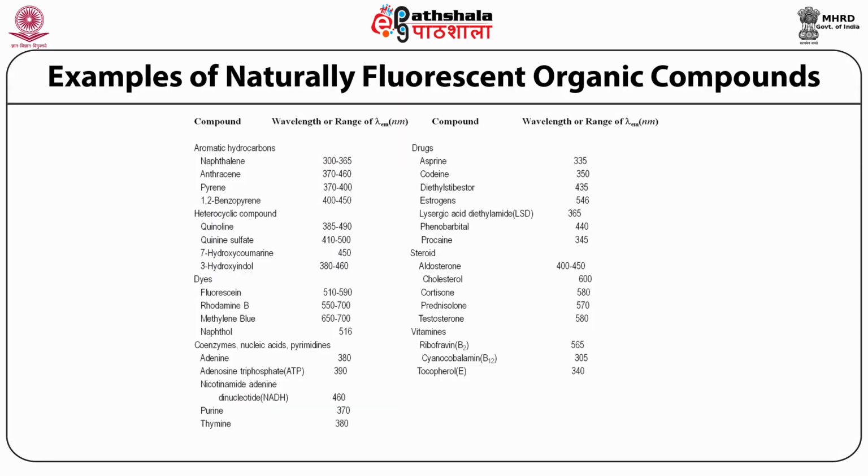We give the example of some naturally occurring fluorescent organic compounds, such as naphthalene, which has an emission range of 300 to 365, and anthracene, having 370 to 460. Like that, you can see the emission range of all the fluorescent organic compounds.